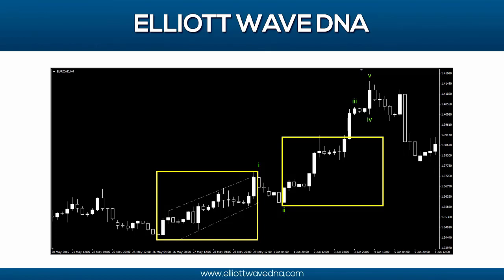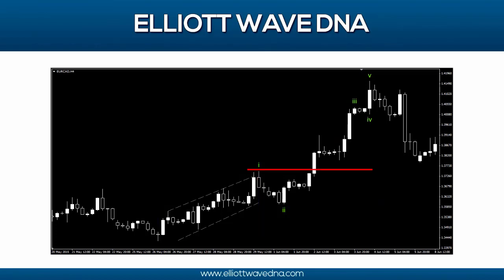Wave 3 broke, on the second box on the right, the distance that it took wave 1 to develop, so it's fine. And the final rule is that wave 4 should hold above the territory of wave 2, and that rule was also met. So we can say now for sure this was a nice impulsive pattern.